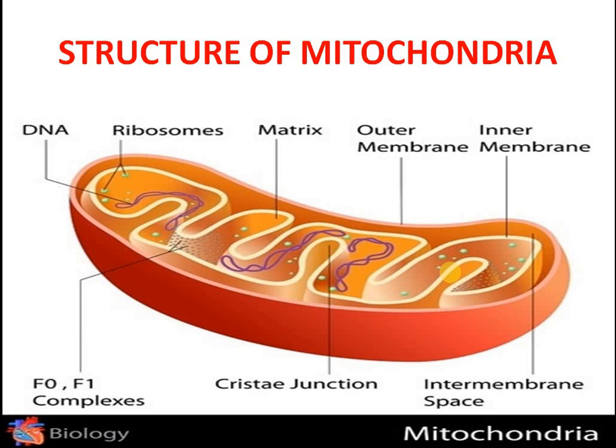That energy is produced by the mitochondria in the form of ATP molecules. You can say ATP molecule is the energy currency of our body, which we use to perform various functions, and these ATP molecules are produced by the mitochondria itself.